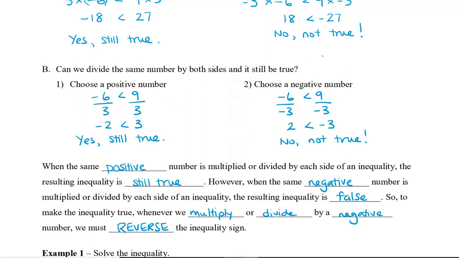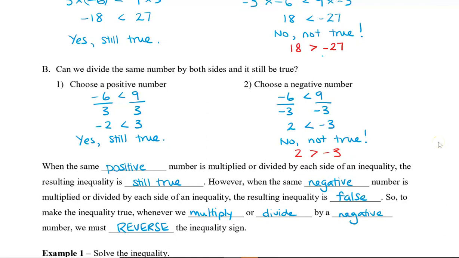So for example, in this first one, if we now say that 18 is greater than -27, now this would be true. And in the second one, if we say that 2 is greater than -3, this second inequality would also now be true.